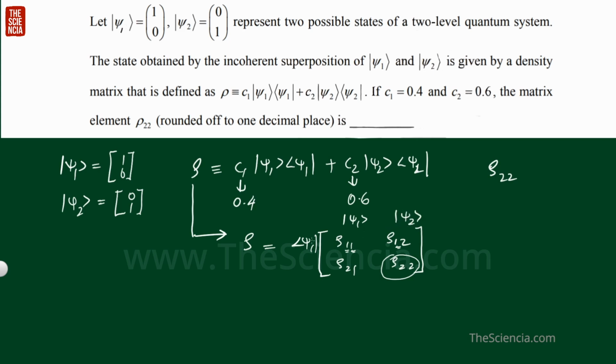So when we are taking this combination over this row, we get rho 1 1 equal to bra psi 1 rho ket psi 1, and rho 1 2 is equal to bra psi 1 rho ket psi 2.